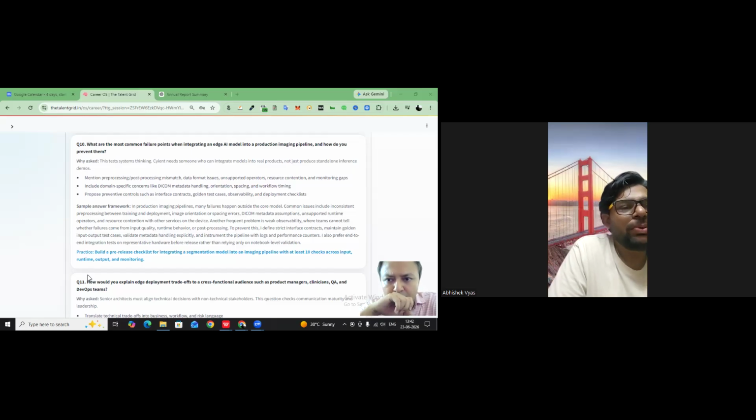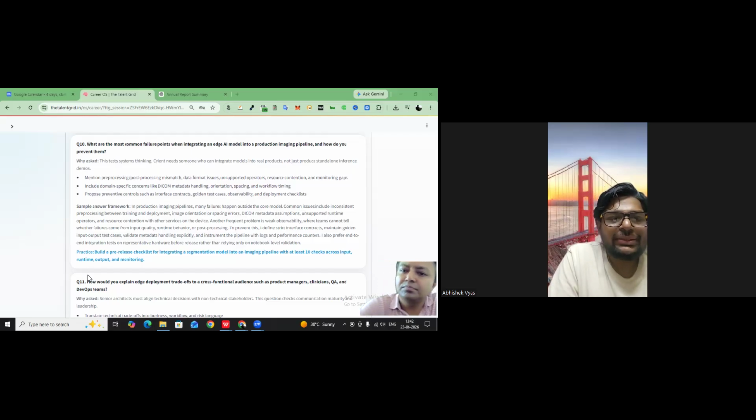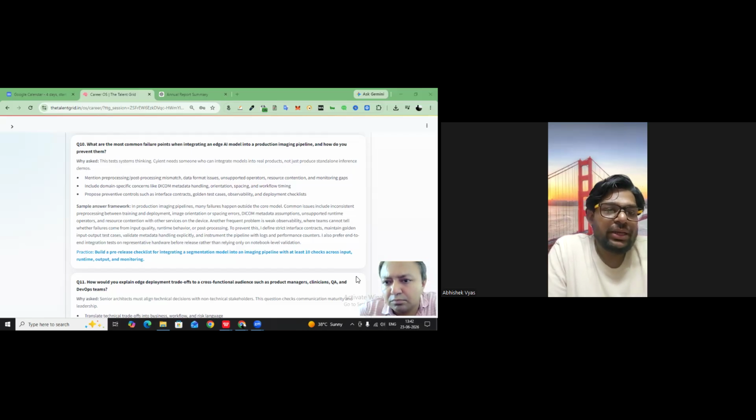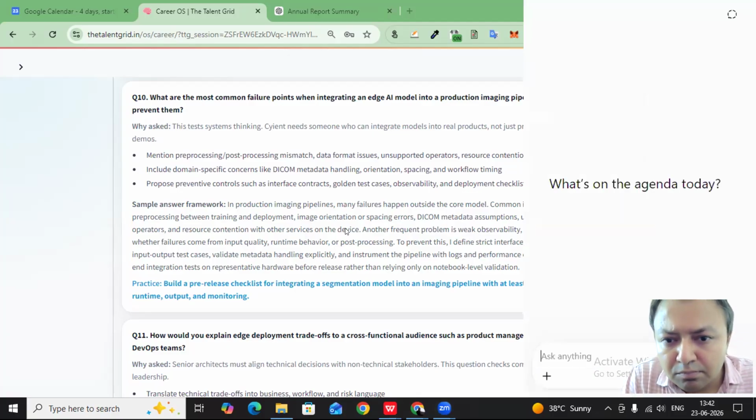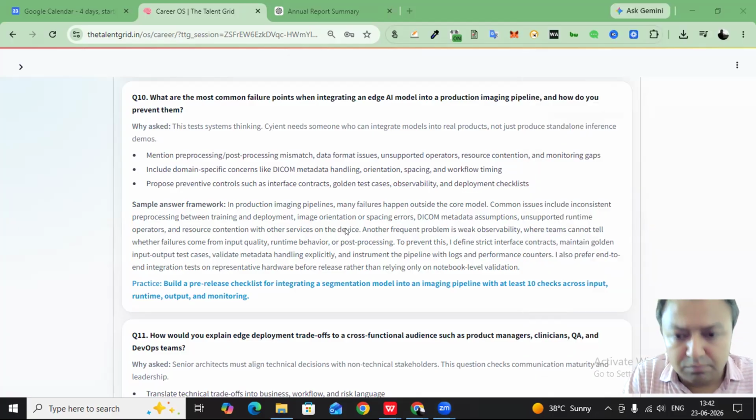To prevent these issues, I established interface contracts, maintained golden test data sets so that we validate DICOM metadata handling also, automated the integration testing, and built a pre-built deployment checklist. This allowed us to handle failures easily.